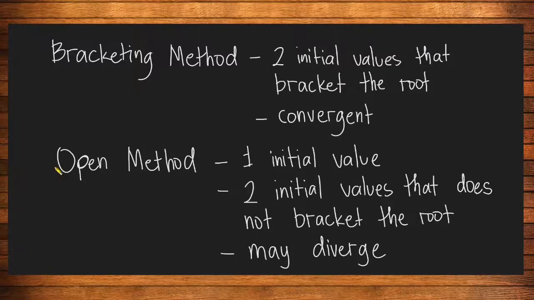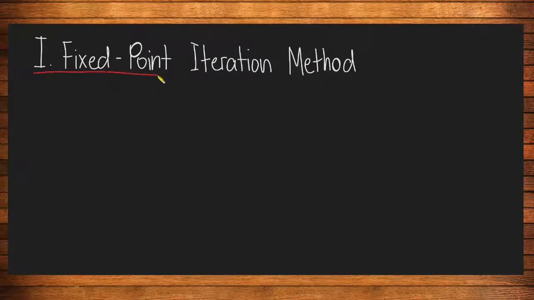However, when the open methods converge, they usually do so much more quickly than bracketing methods. So again, in this video, yung pag-uusapan naman natin are the open methods. The first open method that we are going to discuss is the fixed point iteration method.